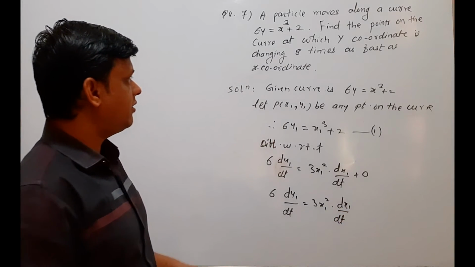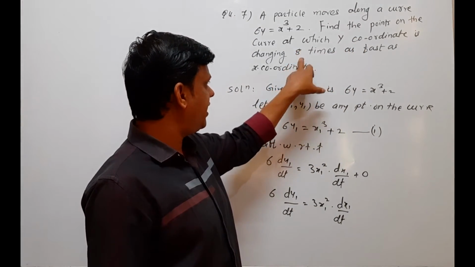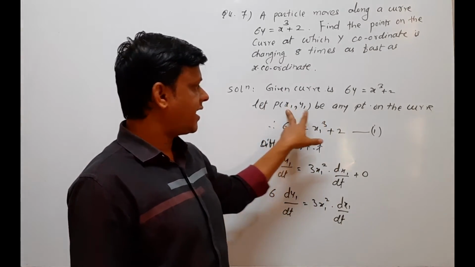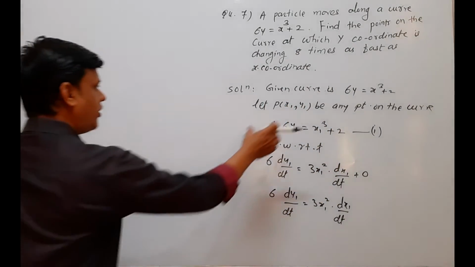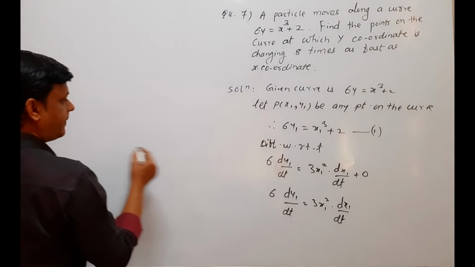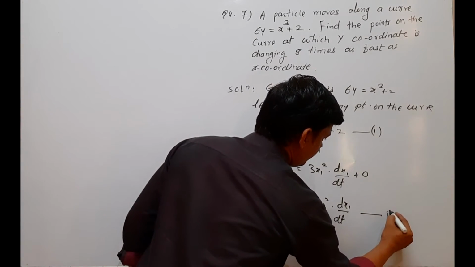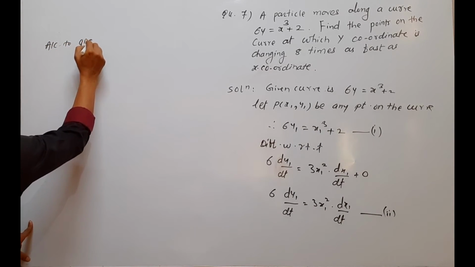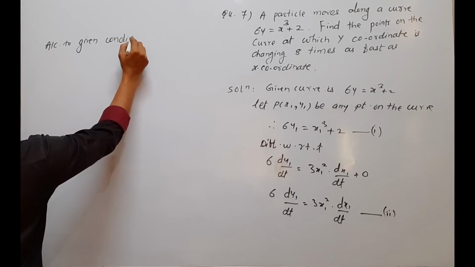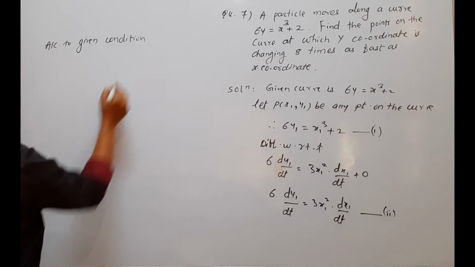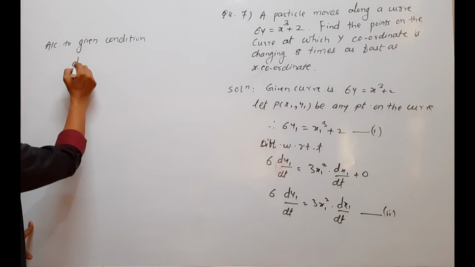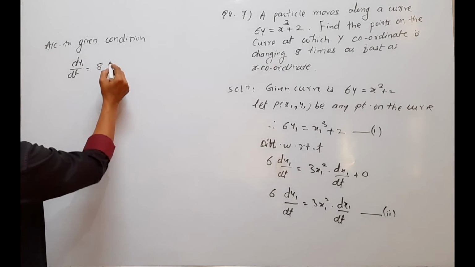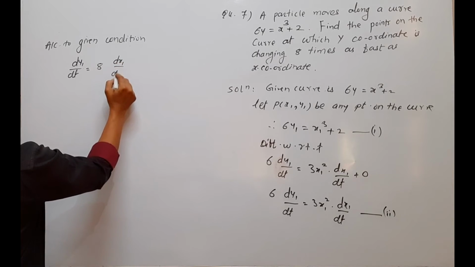Now the condition is given: the y coordinate is changing 8 times as fast as the x coordinate, and we consider the coordinates x1 and y1. Denote this as equation number second. According to the given condition, the y coordinate is changing, that means we write dy1 by dt, which is 8 times the change in the x coordinate, so we write dx1 by dt.